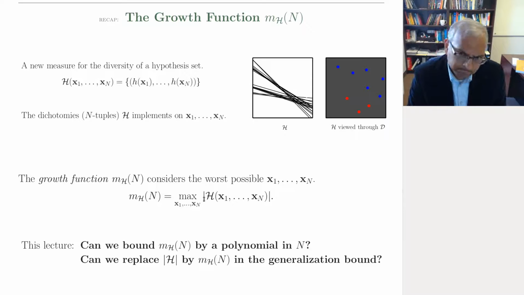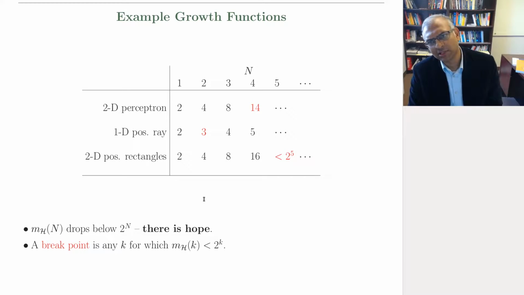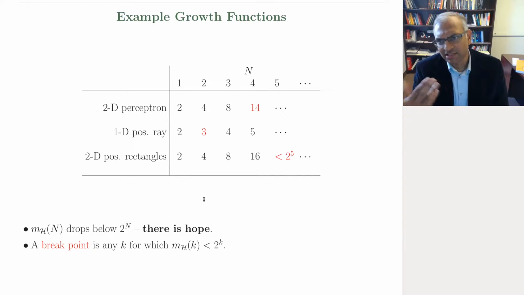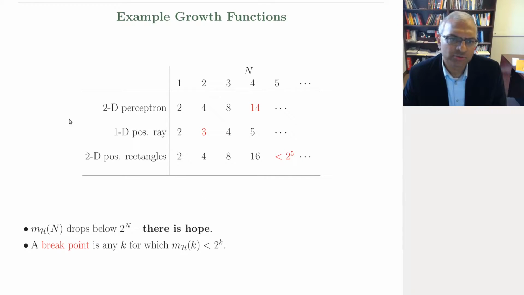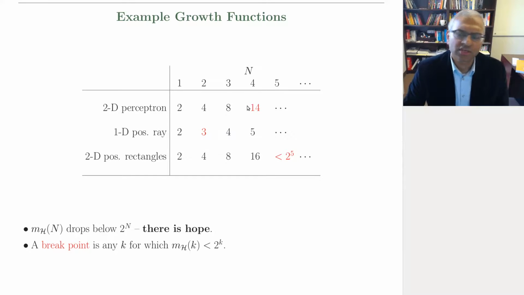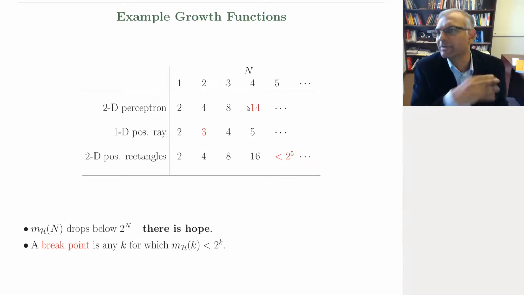Just a recap of the 3 hypothesis sets that we considered last time as examples of growth functions. We considered the 2-dimensional perceptron, and we saw that with 4 data points, the two-dimensional perceptron cannot implement all 16 dichotomies. Even though in theory it has uncountably many hypotheses and should be able to do anything you want on a mere 4 data points, it cannot implement all 16 dichotomies.